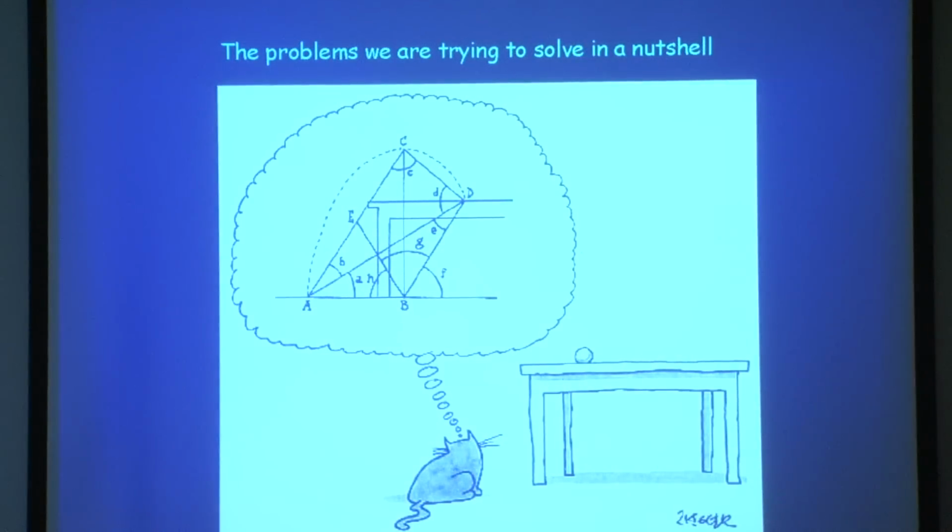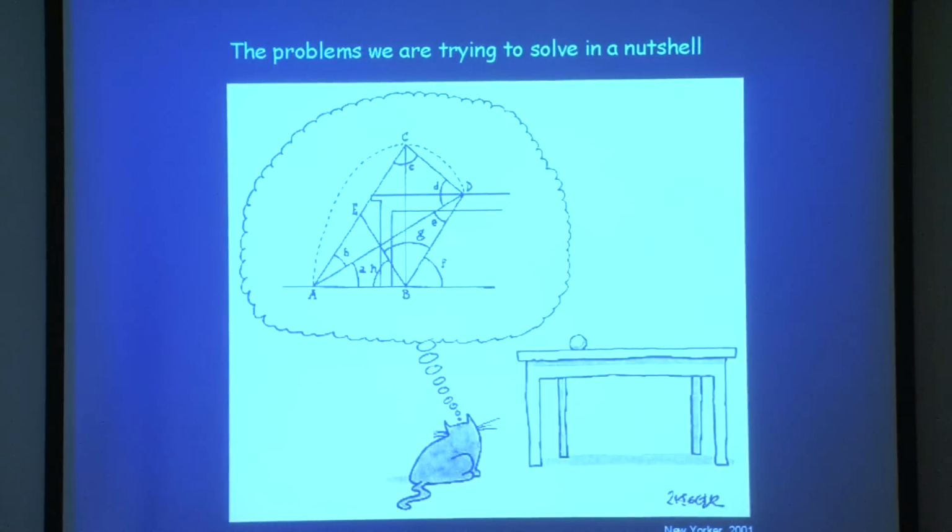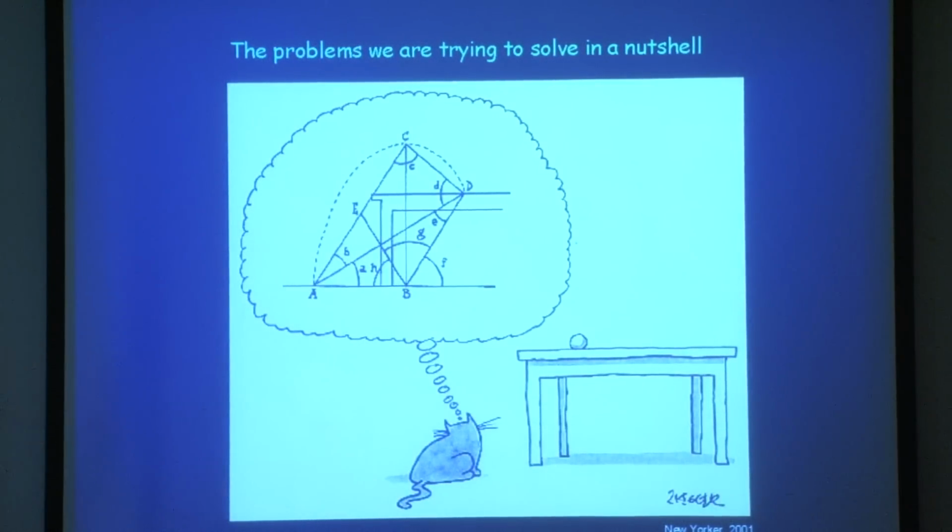First of all, before I do that, I thought I'll show you an amusing cartoon from the New Yorker, made in 2001, which puts in a nutshell what the nature of all this is. Here's a cat. It's going to try to jump up there to get that thing.